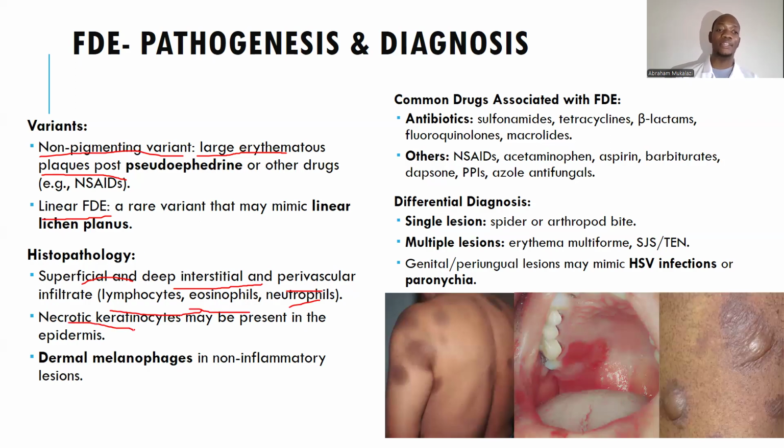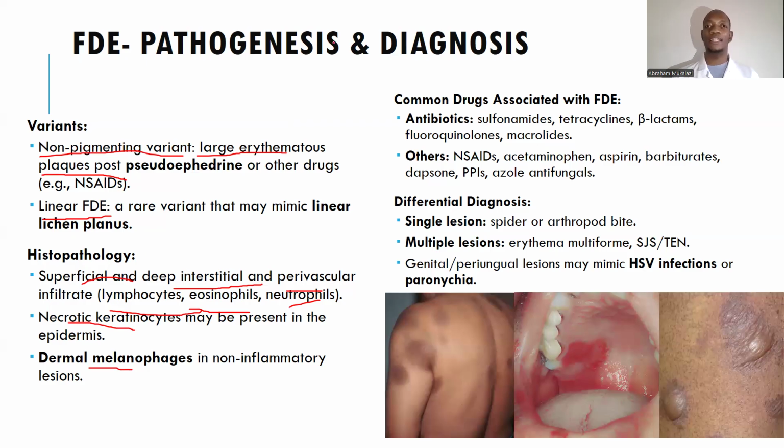Then you will see keratinocytes which are dying, or what we call necrotic keratinocytes, that may be present in the epidermis. Then because of the damage to the interface or the DEJ, you can end up having melanin leaking into the dermis. Then you end up with dermal melanophages that usually contribute to the hyperpigmentation that we see clinically.